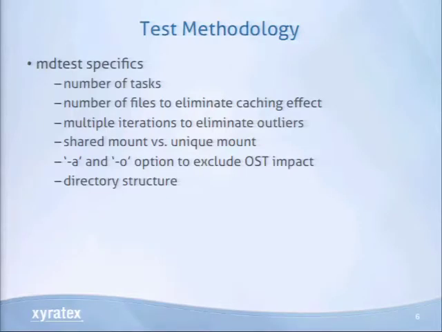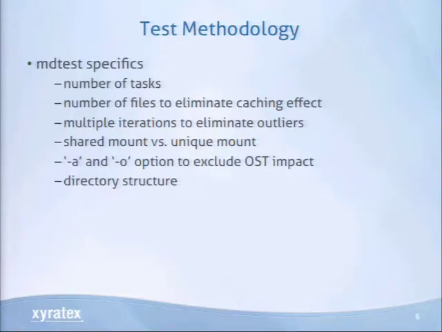The next ones worth mentioning are the -A and -O options of MD test. Both of them will exclude OSTs from the test runs. -A will use mknod to create new files, and -O will create zero-striping files. Neither involves OSTs in the file creations. But -O will have one more RPC than -A, so we'll see a better number with -A.